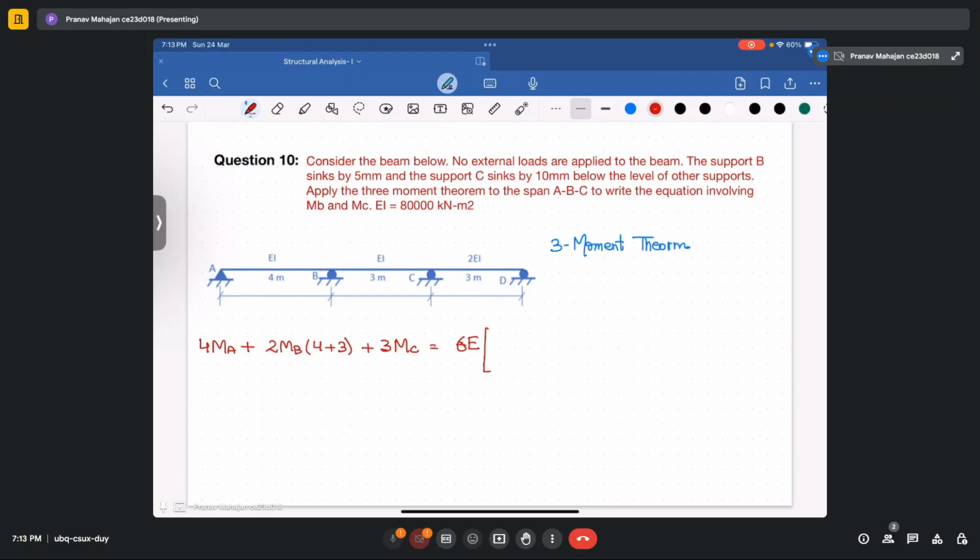So the relative displacement will be 5 minus 0, that is 5 upon 1000, upon what is the length? 4. And here the relative displacement is, C is sinking by 10. So 5 minus 10, so that will be minus 5.